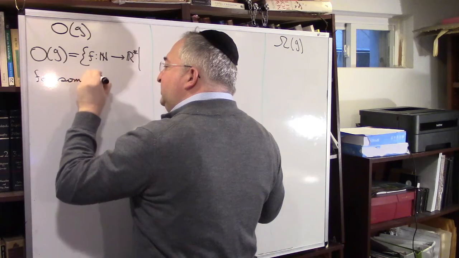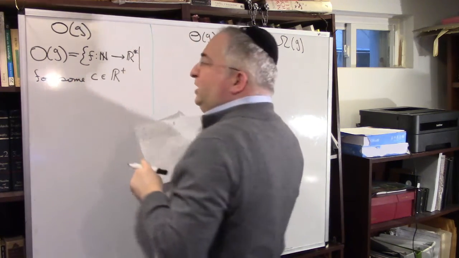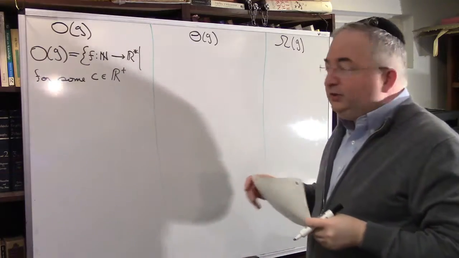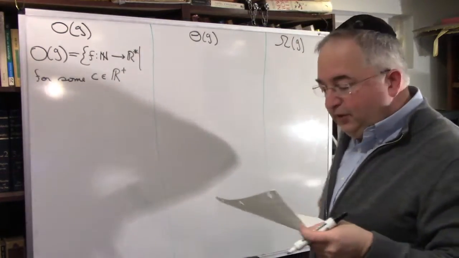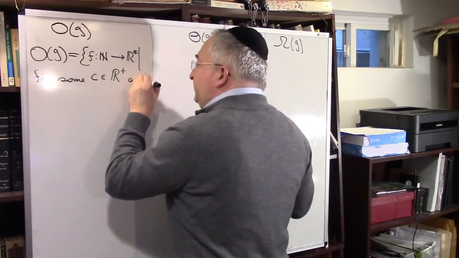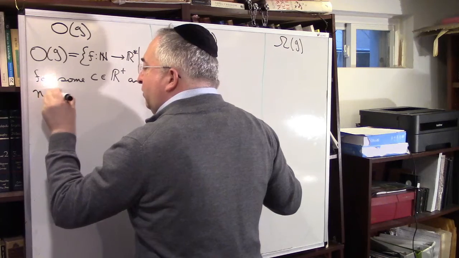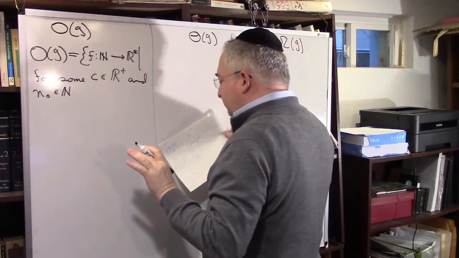some C member of R plus. What's R plus? Those are positive real numbers. R star could have a 0 in it. R plus is positive real numbers. And N0 member of N, we'll talk about what that means in a second.